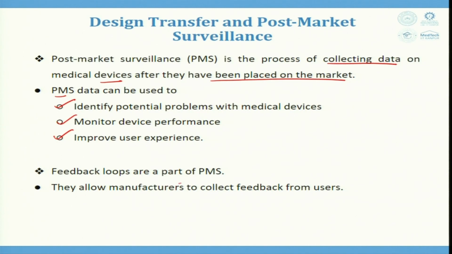Feedback loops are part of post-market surveillance. They allow manufacturers to collect feedback from users. So both these, the post-market surveillance and feedback loops, which are themselves part of PMS, ensure the safety and effectiveness of medical devices in the long term.